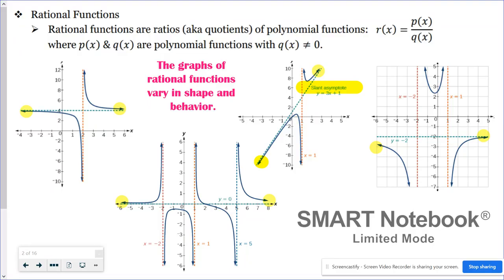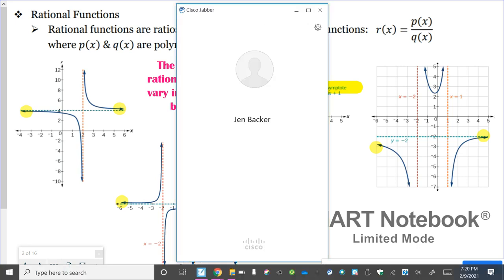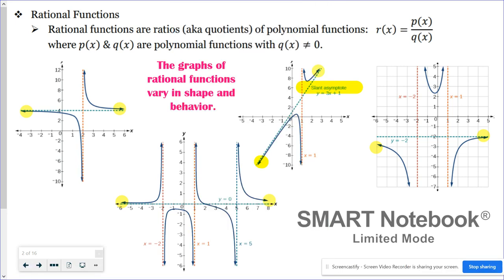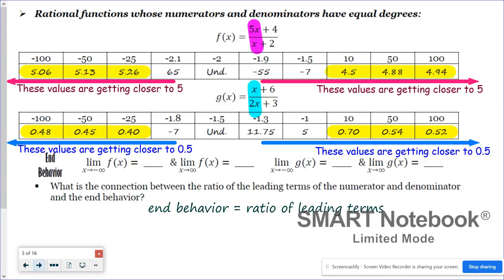So I already had you investigate 3 different types of behavior. Let me get rid of that, okay? First of all, there was this behavior. It says rational functions whose numerators and denominators have equal degrees.